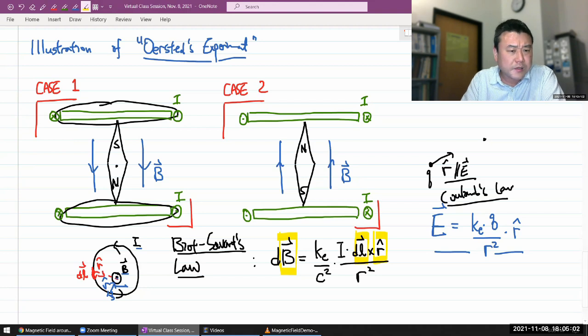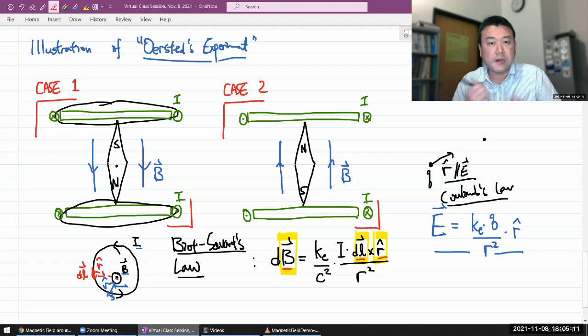And I think once it's written down, then it's not so surprising that this vector and this vector are related through cross product, which means the direction of magnetic field is guaranteed to be, at least for a little segment, perpendicular to r hat vector, and perpendicular to the direction of current.